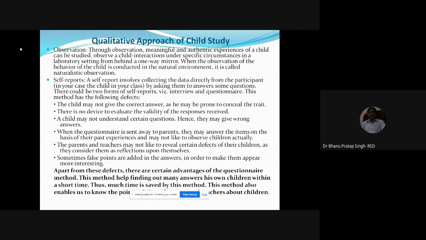By using the questionnaire or interview, the teacher is able to get the data in a very short time. So it is a time-saving method. It also enables us to know the points of view of parents as well as teachers about the children.